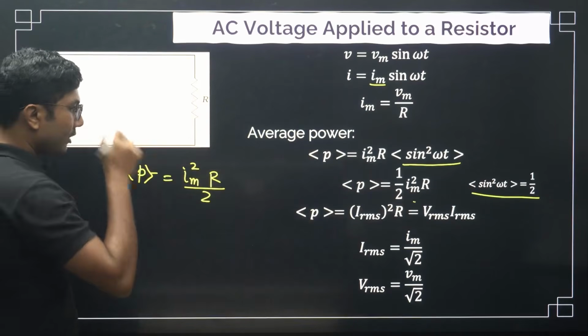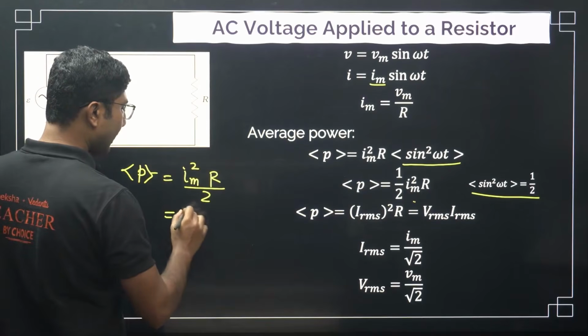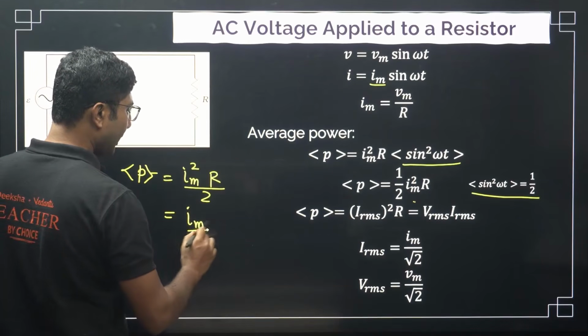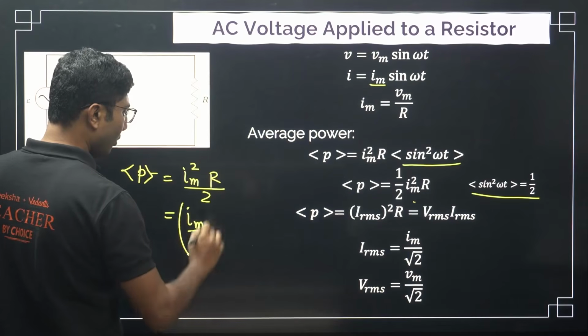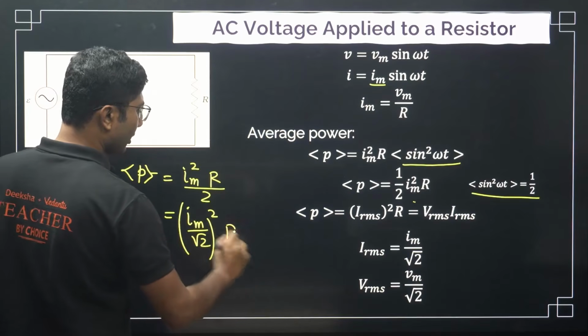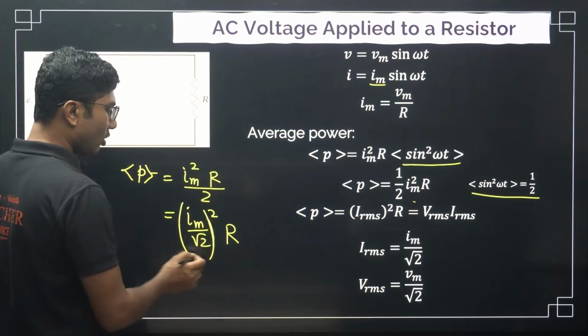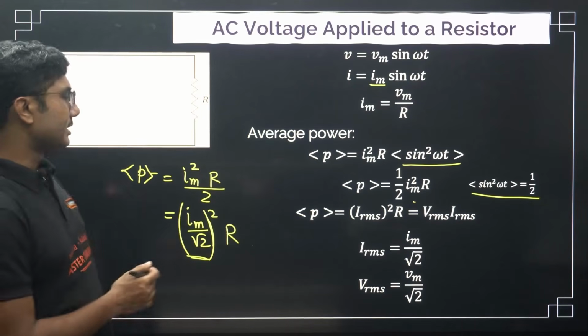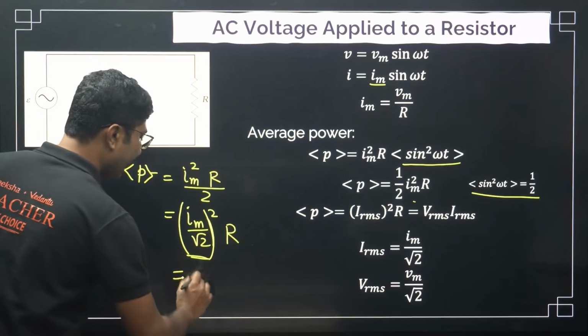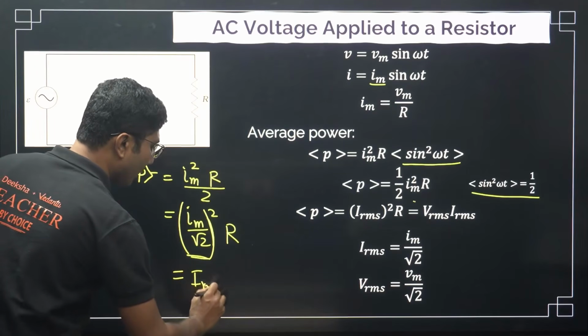Now what we will do is write this as Im by root 2, whole square, into R. This is how we write it. This is called RMS current.